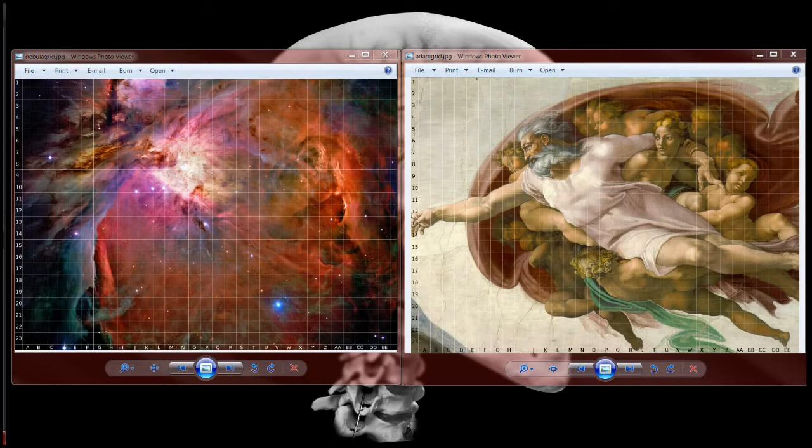The reason I chose to use the Creation of Adam is because I think of all of them, this one does a really good job of showing just what is happening down to some of the smallest details that we're going to see during this analysis.